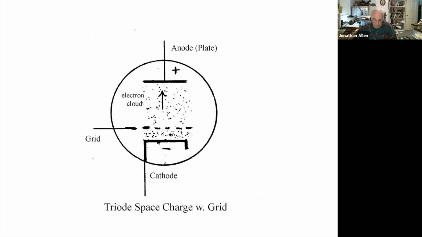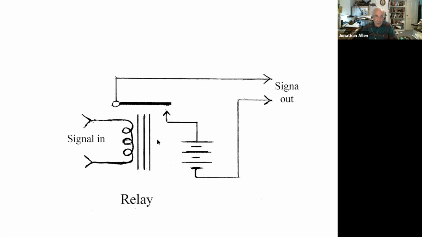The concept of a repeater was not really new. The telegraph had been using repeaters for decades in the form of the relay. Just briefly, let me explain how the relay would work at a telegraph. Here's a weak signal coming in from a faraway station upline.